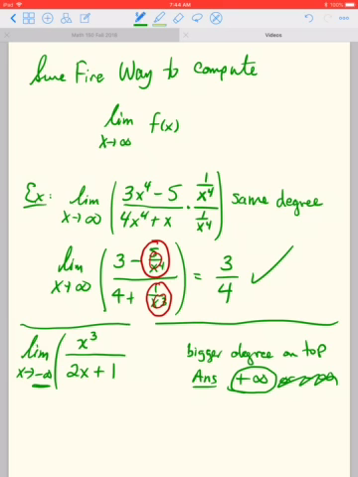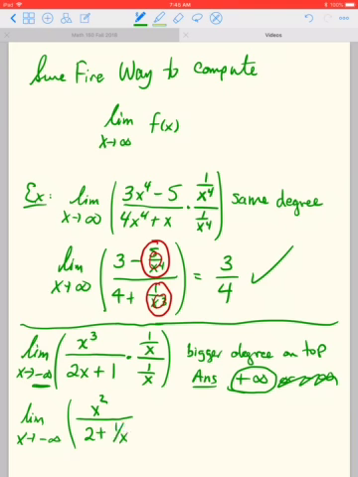So let's do our trick where we divide by the degree of the denominator. So in this case, we divide by x, and we divide top and bottom by the same. So what we're going to do once we simplify is we get the limit as x goes to minus infinity of x squared over 2 plus 1 over x.